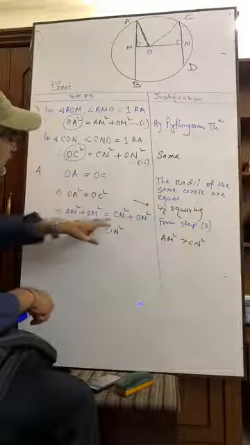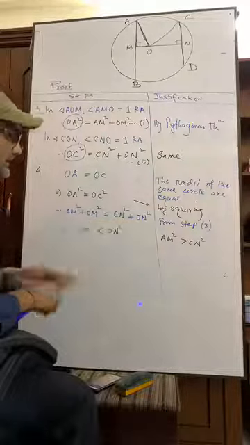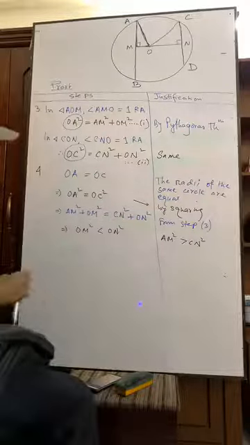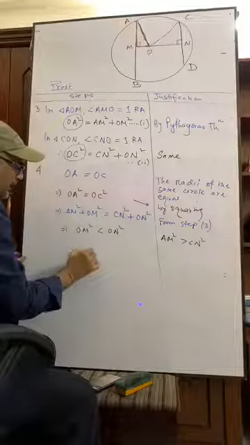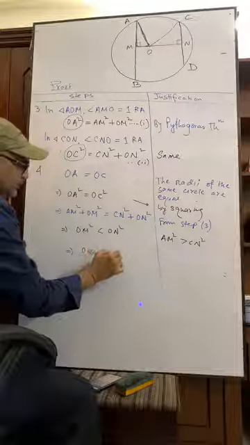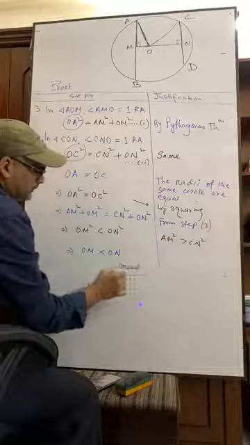This one is greater than this one, so this one is smaller than this one. From here we can write OM is less than ON. That is the proof.